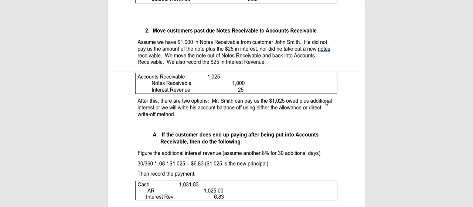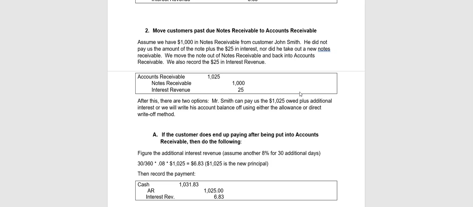And when we put it back into accounts receivable, you notice from my journal entry, we put it back in for the amount of the principal plus the interest earned to date. So what we did then, instead of debiting cash, since he didn't pay us, we debited accounts receivable for the principal plus the interest. And then we credited notes receivable, we credited interest revenue.